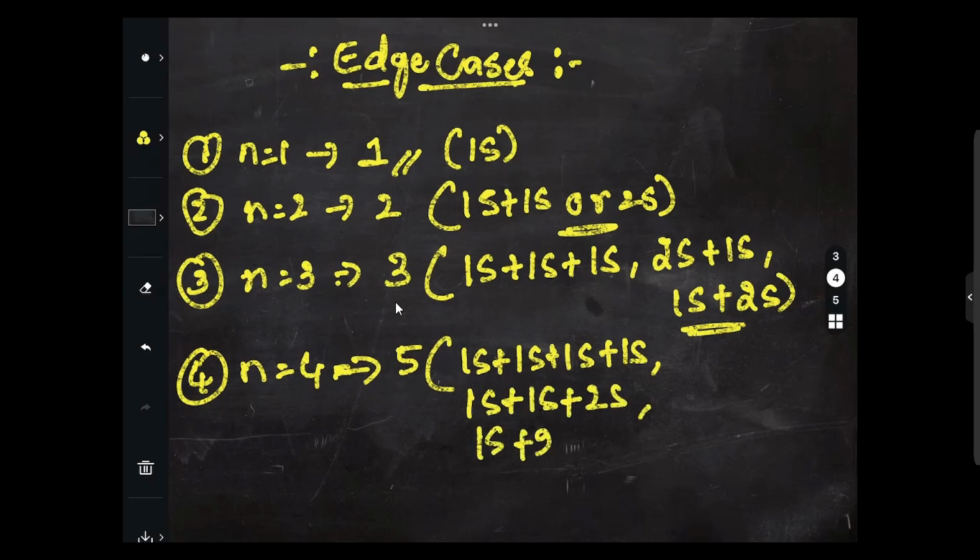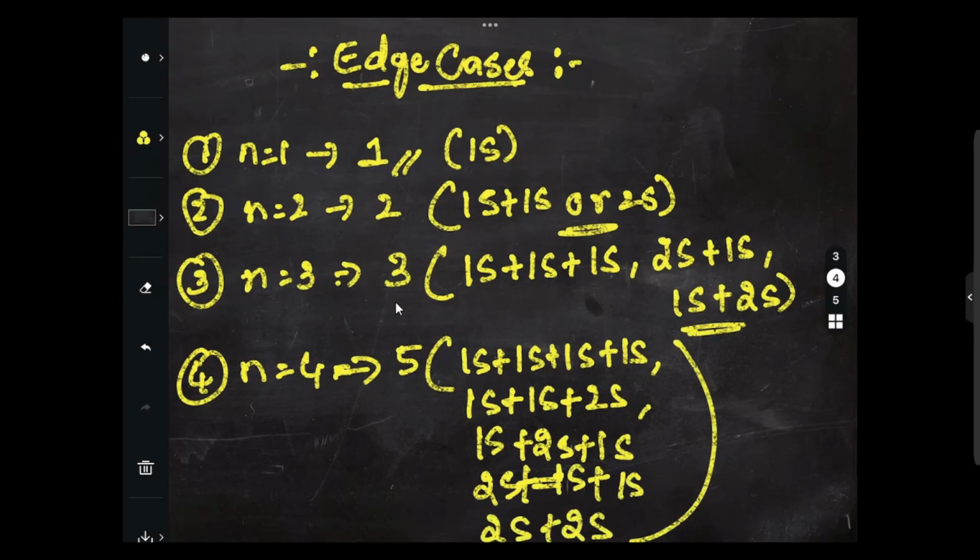And one step plus 2 steps plus 1 step. This is the third way. Then 2 steps plus 1 step plus 1 step. This is also fine. Or we can go with 2 steps plus 2 steps. So these are the 5 ways to reach the fourth staircase.